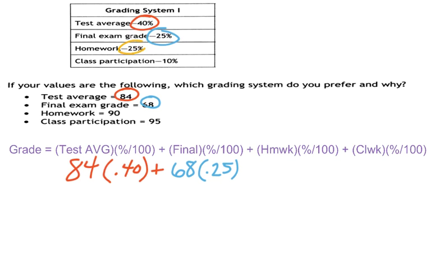Then we're going to take our homework average, our homework grade, which is 90, and again 25% is 0.25. And then we're going to take our classwork, times the class participation average. So 95 times 0.10.